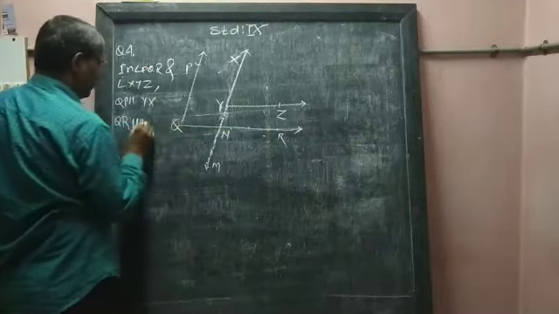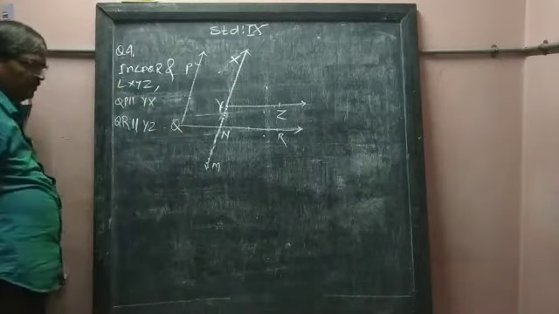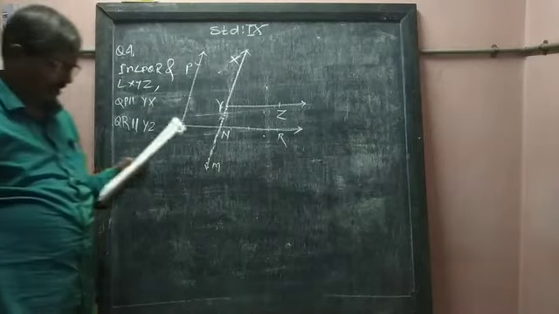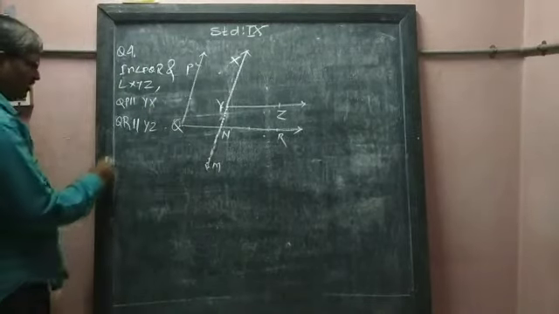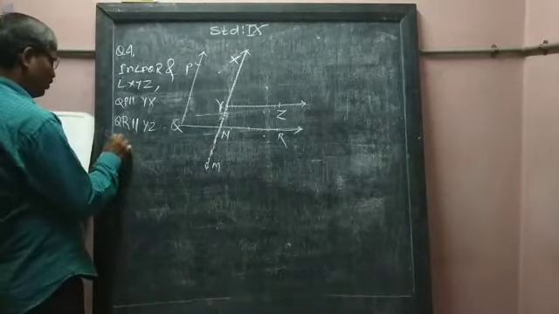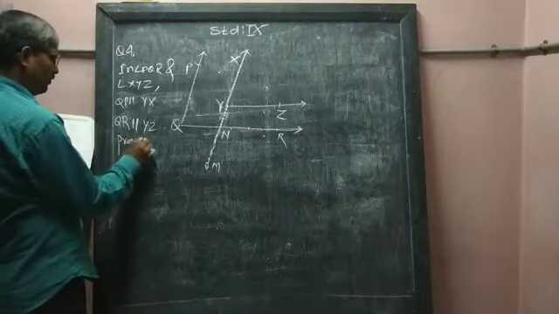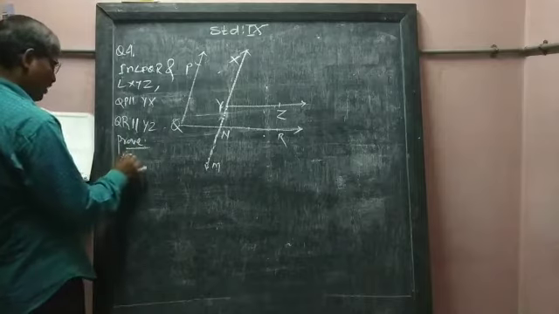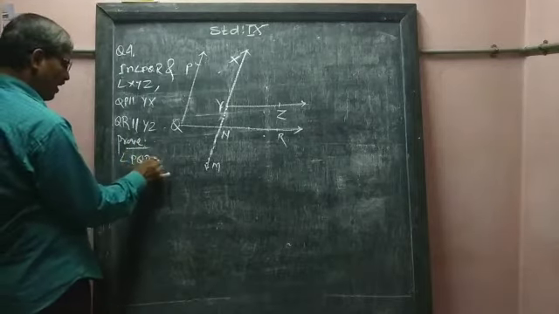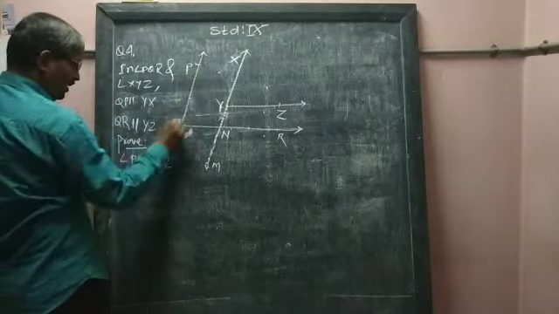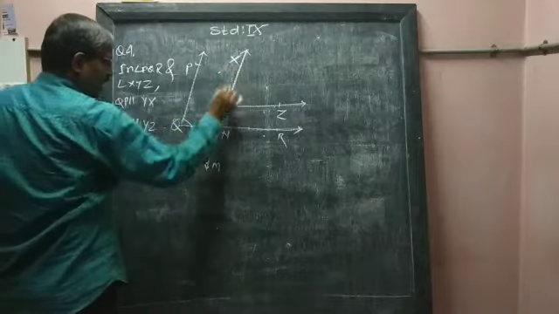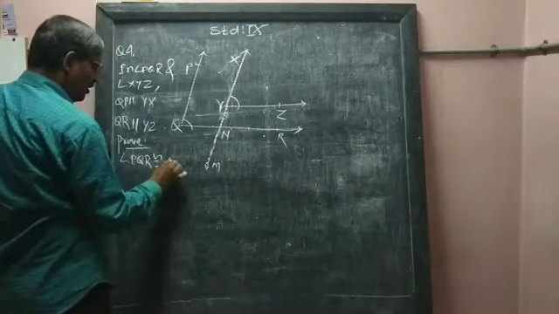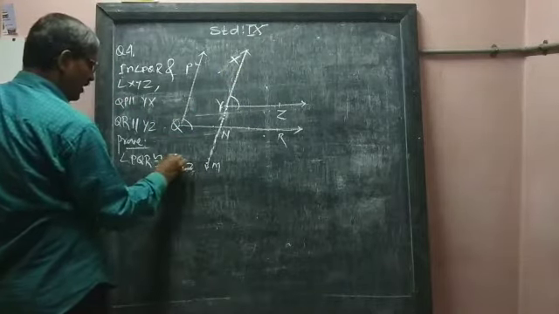QR parallel to YZ. Then what do you want to prove here? The first theorem comes here. You should prove how angle PQR is congruent to angle XYZ.